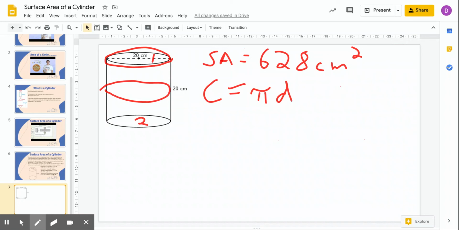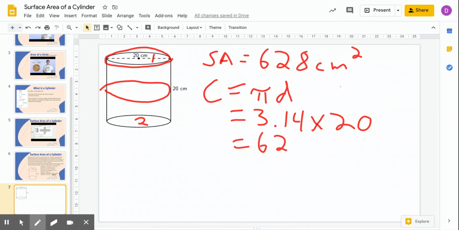So basically, the circumference is equal to 3.14 times 20. Okay, and so if we work that out, 3.14 times 20 equals 62.8 centimeters. That is our width. Okay, so now we know our width.